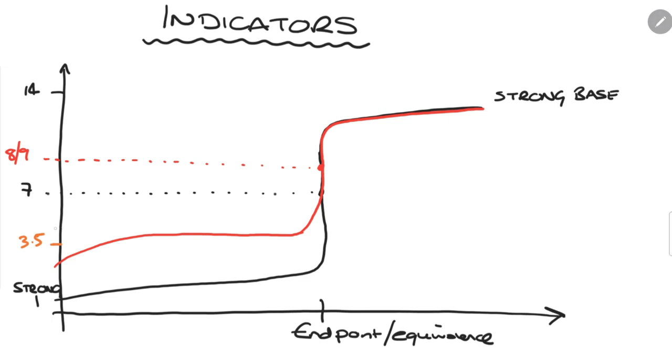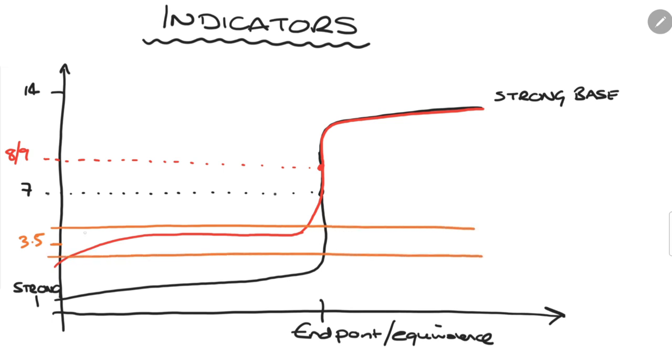In real terms, what that means is that the indicator we are using has a pH range whereby it will rapidly change colour. For methyl orange, that's typically between about 3 and 4.5 pH units. So it will have this change range in this approximate region.